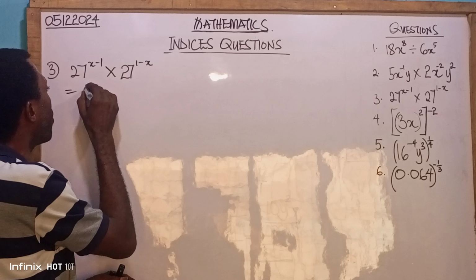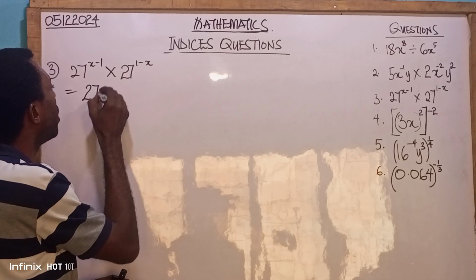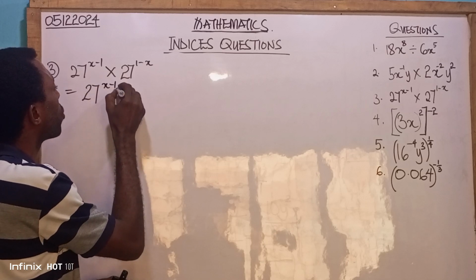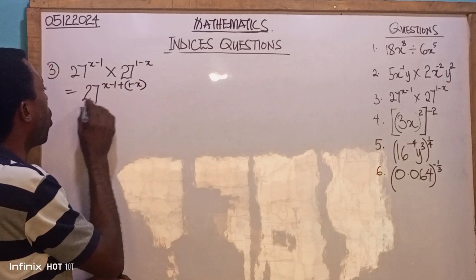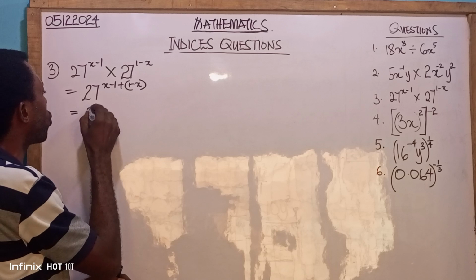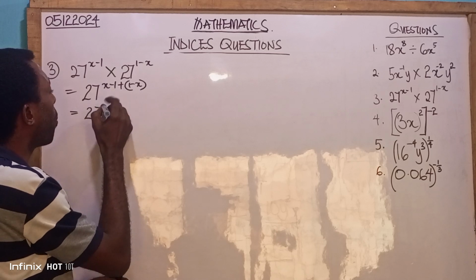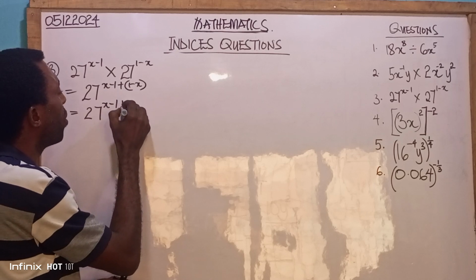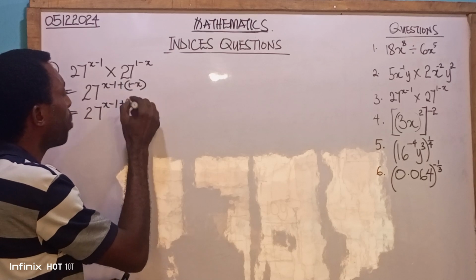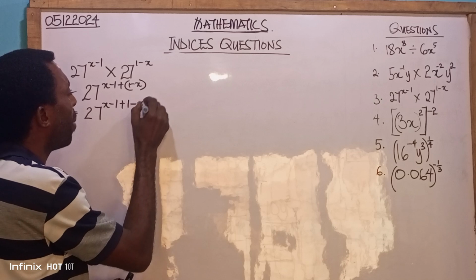So we have 27 raised to power x minus 1 plus 1 minus x. Plus times plus 1 will give us plus 1, plus times minus 1 minus x will give us minus x.